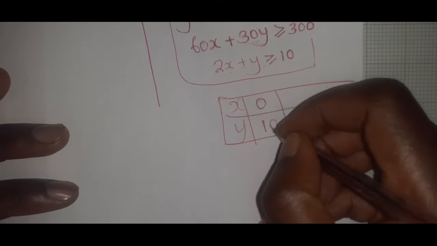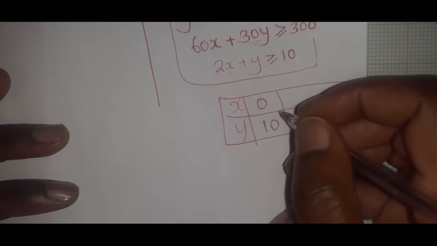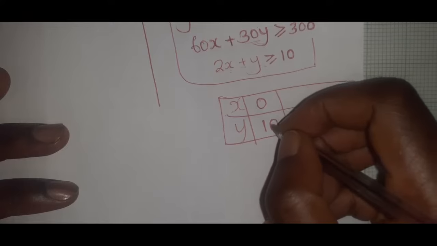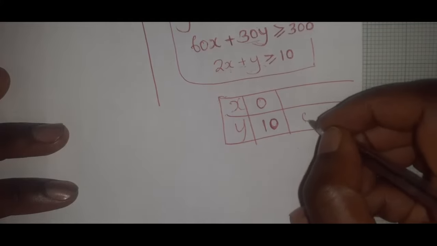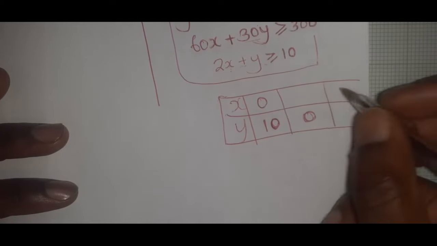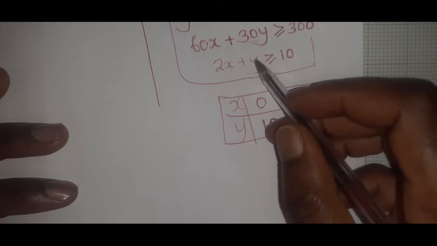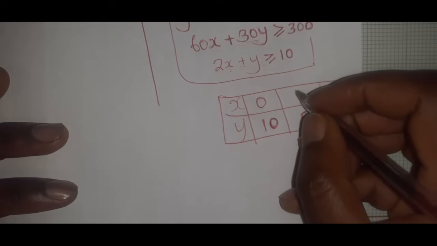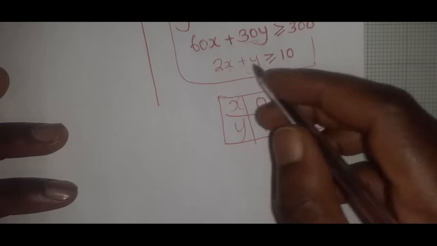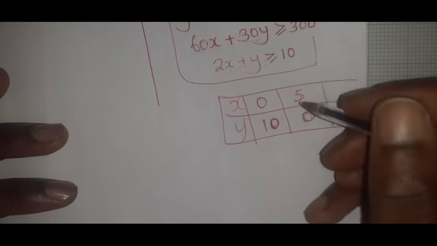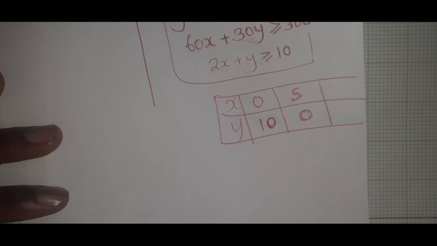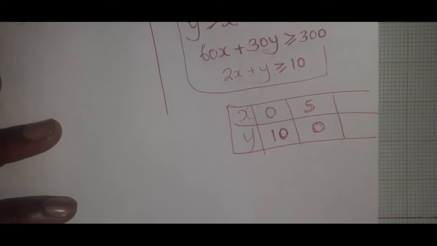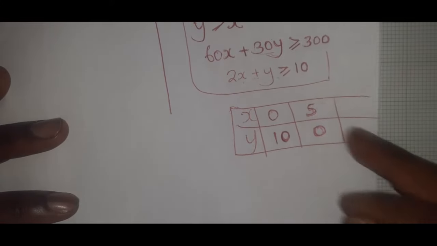This is going to give us 10. Then, when our y is 0, this is going to be 5, because you divide 10 by 2. So we can use these two coordinates here: 0, 10 and 5, 0.